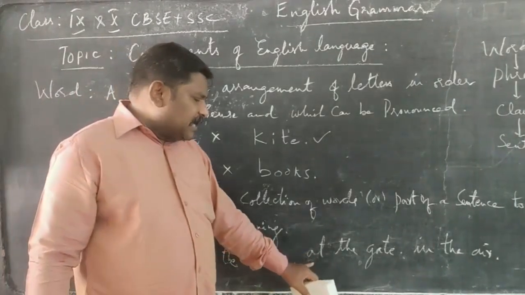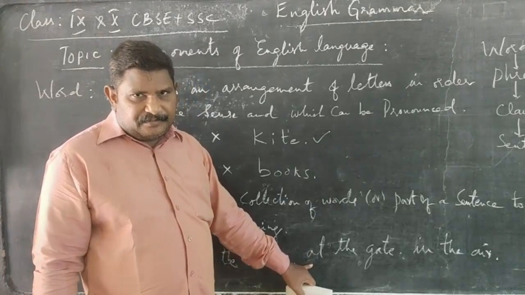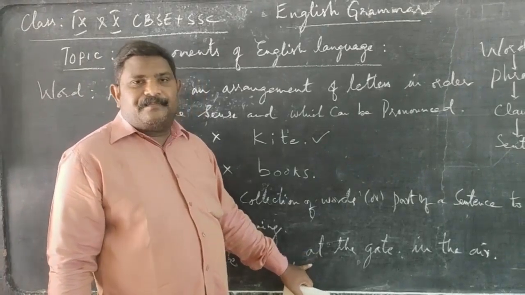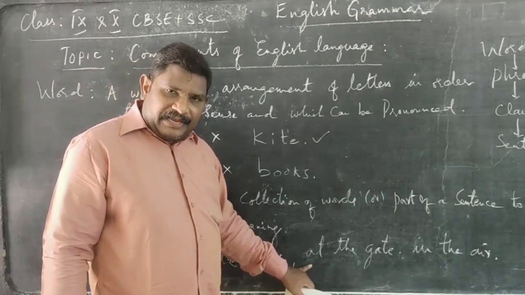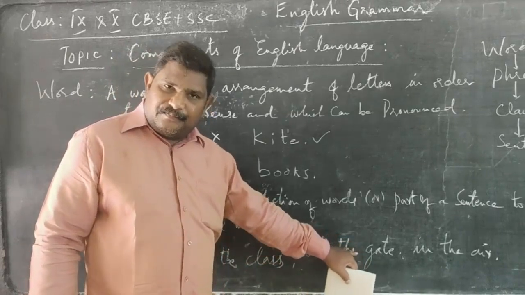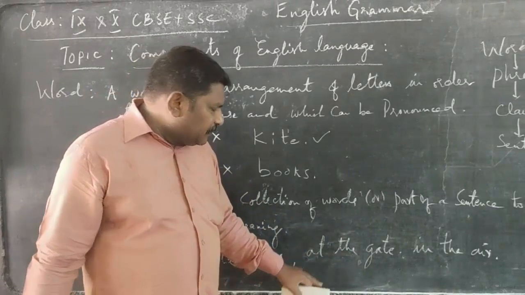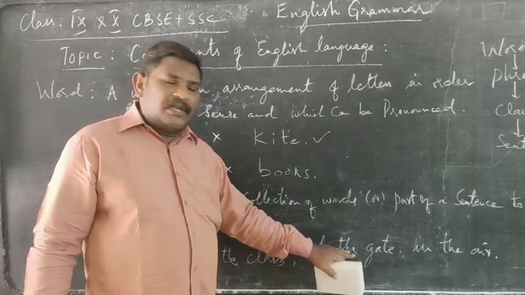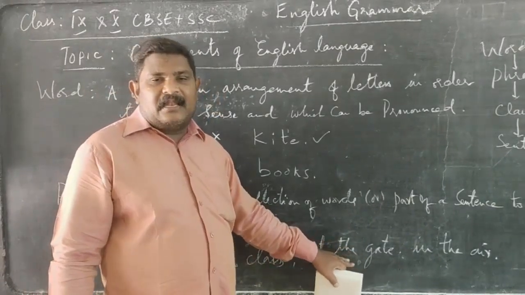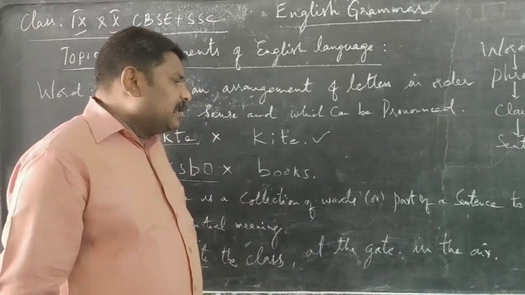If you look at the next example, at the gate. The boy is standing at the gate. Now, at the gate is only a part of a sentence. Again, this is called a phrase.